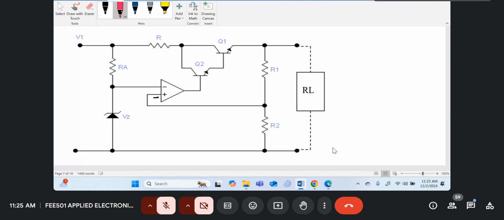Here is supposed to be negative, and this top one is supposed to be positive. So you can correct that. So the bottom one is negative. Okay, so if I was to use the Texas Instruments op-amp in this design, it means that the maximum current I can get over here is 25 milliamps.